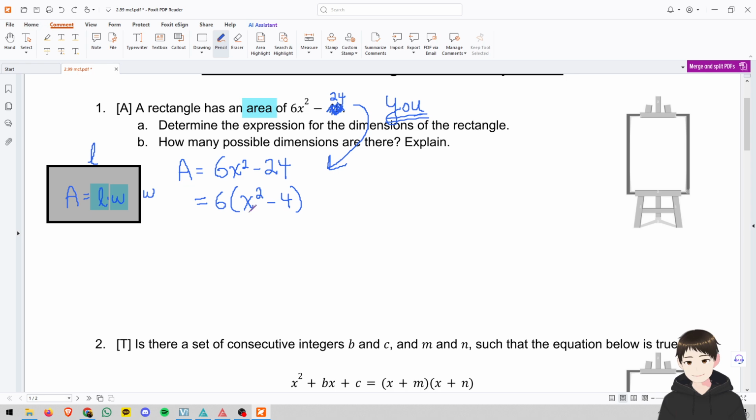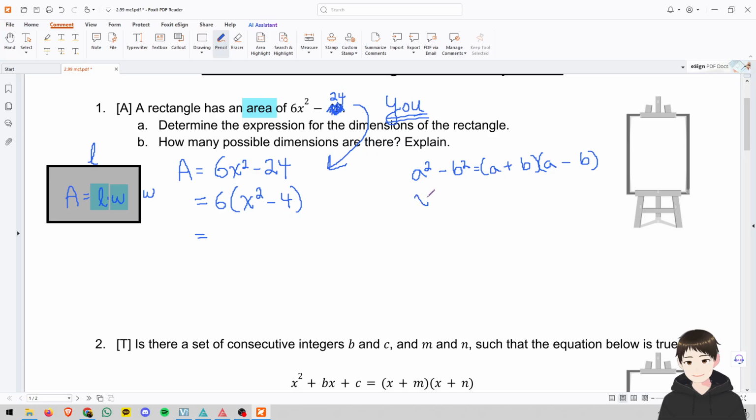Instead, I'm going to identify this. Thanks to my lesson 2.5, this is a difference of squares. And if you remember, something squared minus something squared can be written as 2 binomials, where it's a, b, plus and minus. That was a pattern that we saw.